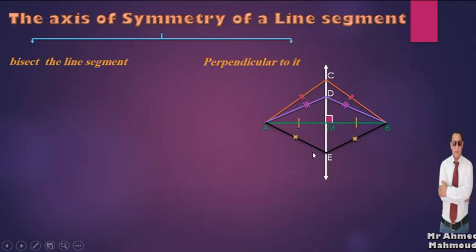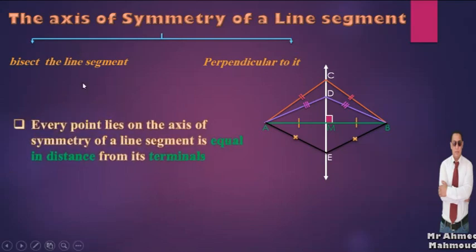I can say that any point that belongs to the axis of symmetry of a line segment lies at the same distance from its terminals. Terminals means outer points. A and B are the terminals of the line segment. Every point on the axis of symmetry of a line segment is equal in distance from its terminals.